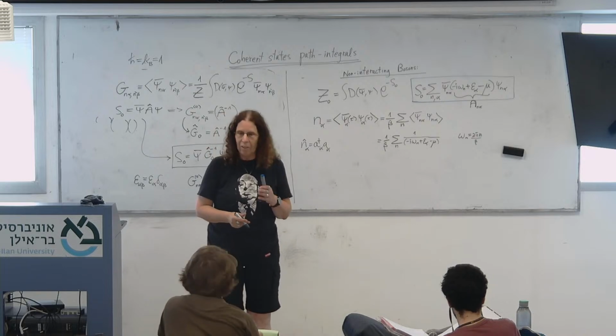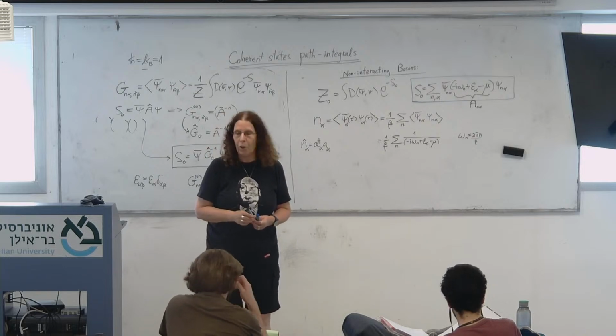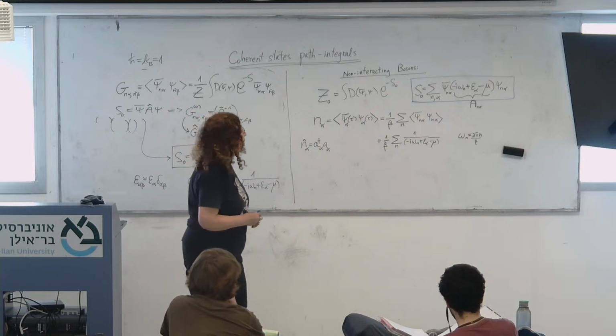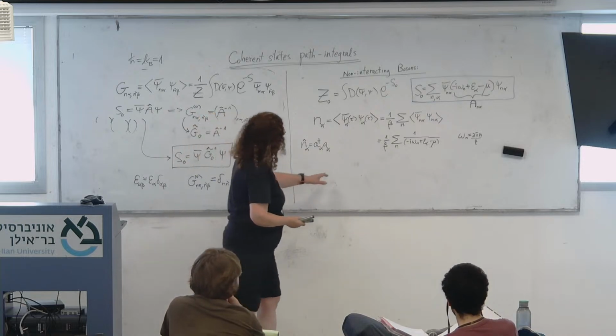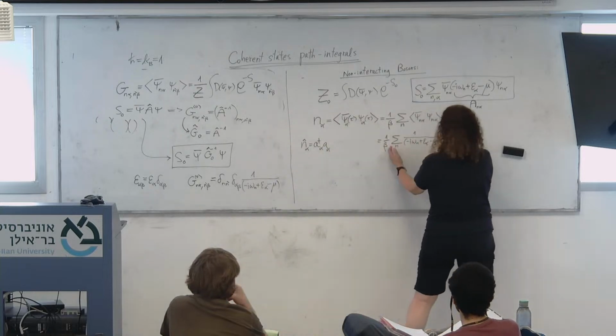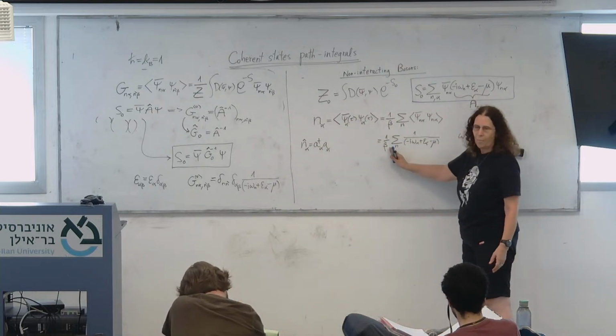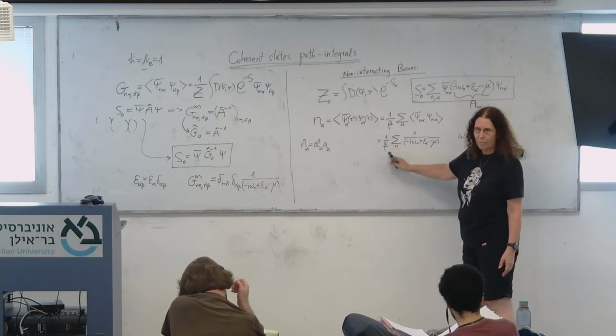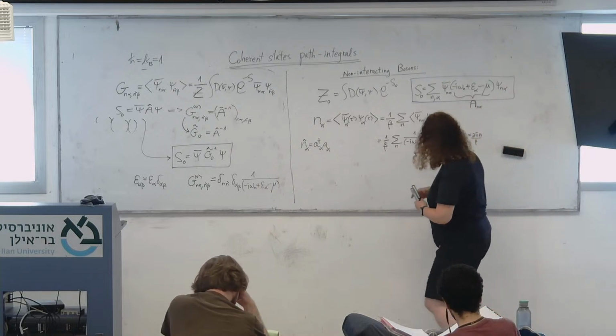So it appears in the tutorial handbook that we posted, if you want to see the derivation. This kind of sum is called the Matsubara sum. And by using complex analysis, you can solve it.